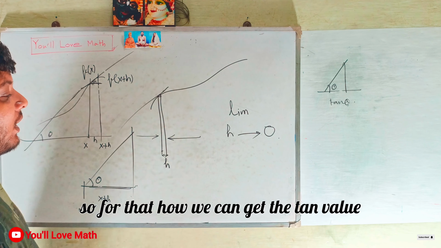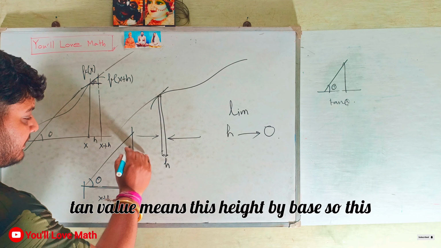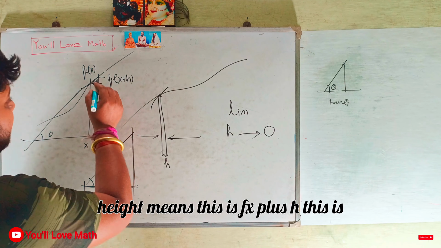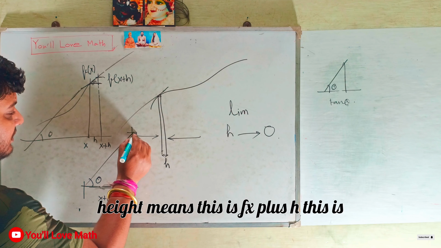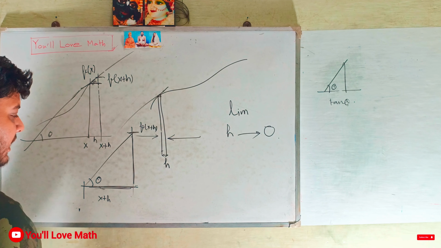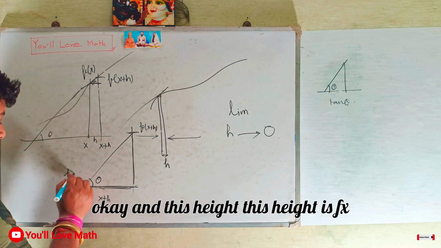So for that, how can we get the tan value? Tan value means height by base. This height is f(x plus h), and this height is f(x).